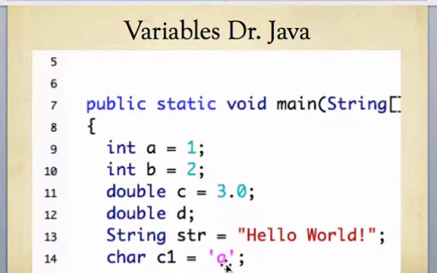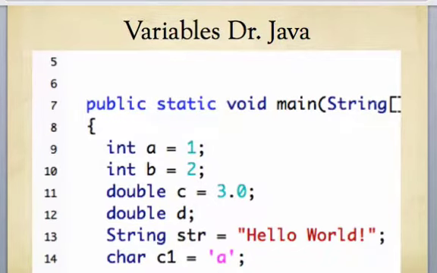The way I've got my version of DrJava set up, single quotes are in pink for char type variables. All right, so that shows you declaring and initializing, or simply declaring in the case of d.